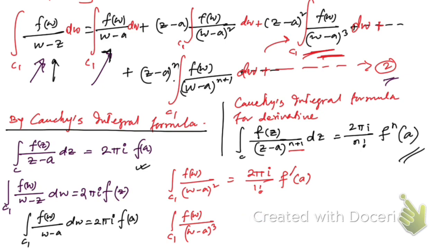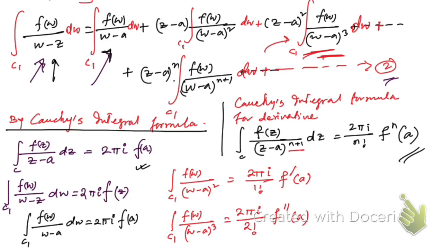In this case we're going to get 2 pi i by 2 factorial, 2 factorial f, second order derivative as n is equal to 2 here, at w equal to a. That means at the point a, right? So that's how we're going to get it, right?